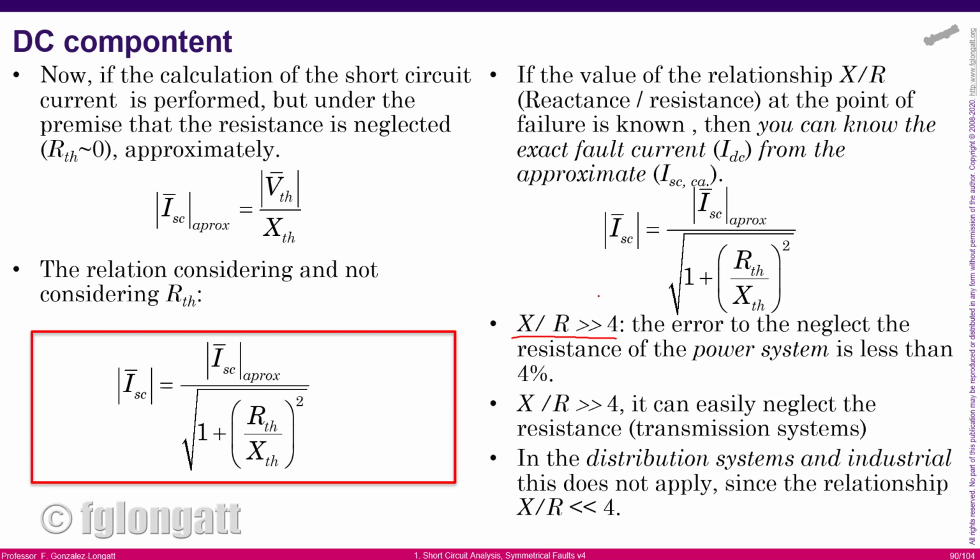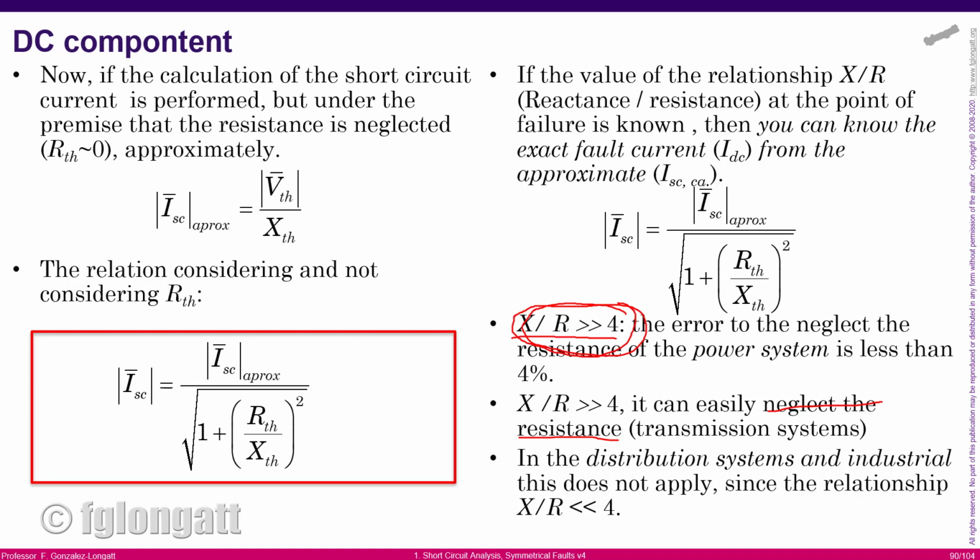For instance, in classical power systems, the resistance is very low compared with the reactance, and for that reason the ratio between X and R is bigger than 4. In those cases, it's very simple to neglect the resistance.